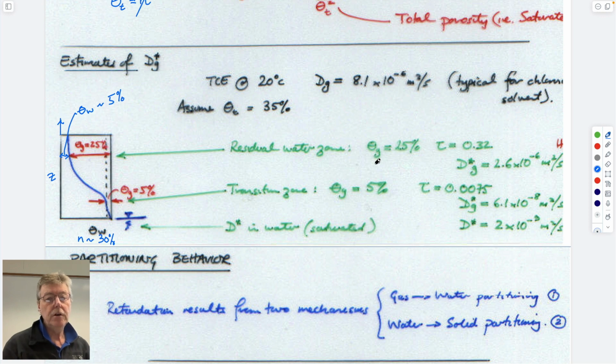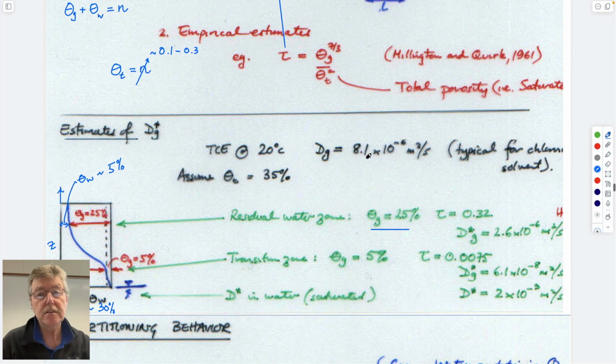If you know what these gas contents are, you can use Millington-Quirk, to the power of 7 over 3. You know that the total gas content is going to be 30%. This has to be not a percentage but a decimal.